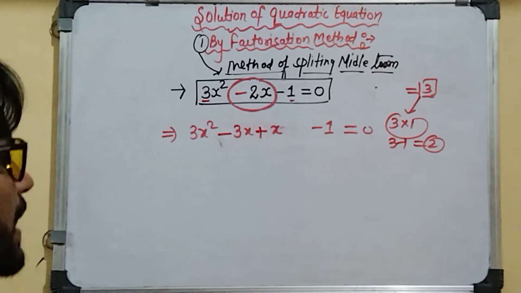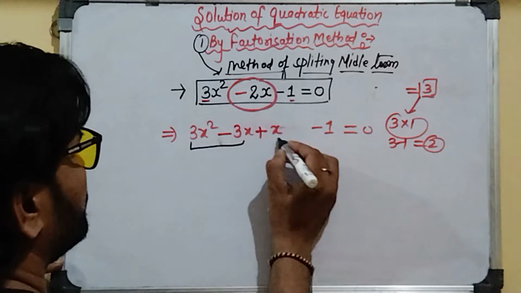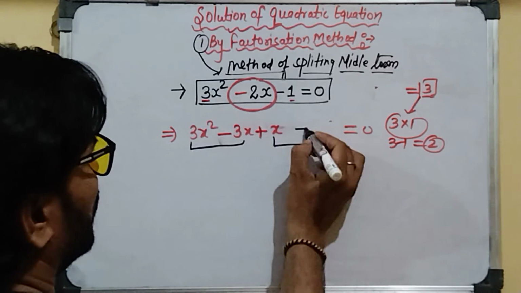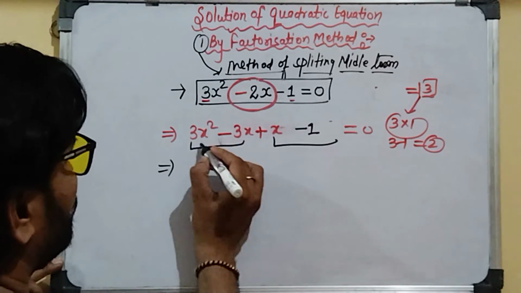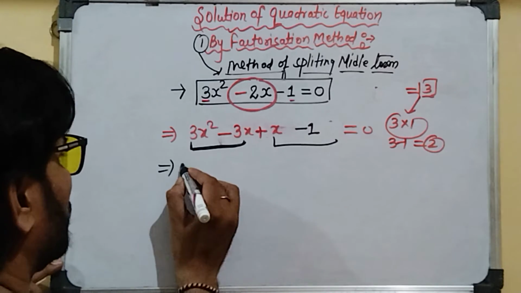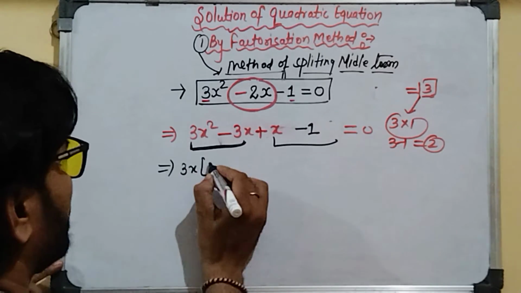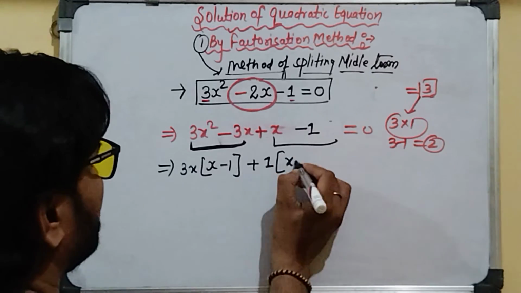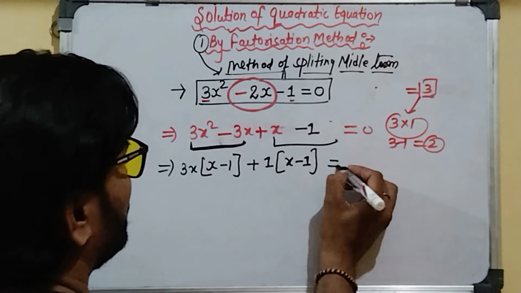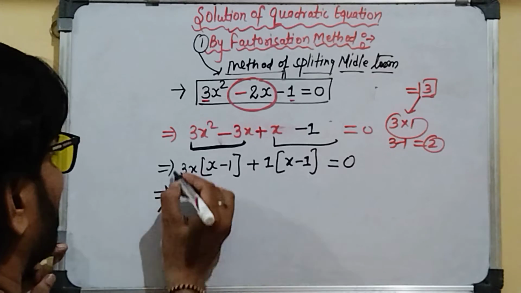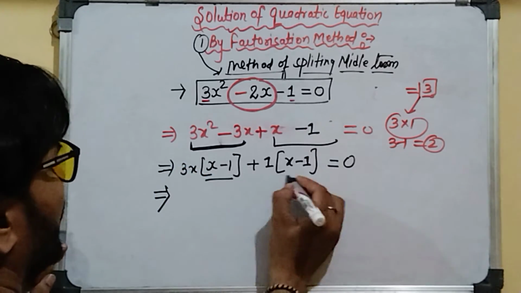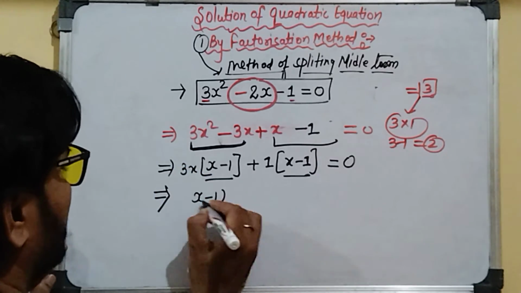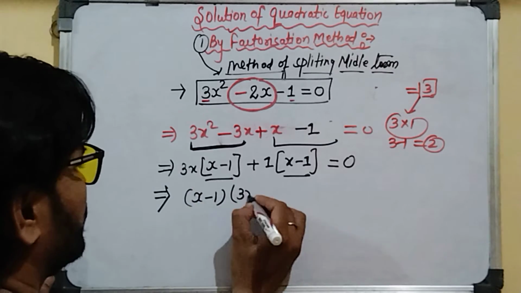Now make two pairs. From this pair we take 3x common and we get x minus 1. Again plus 1 will be common, then we get x minus 1. x minus 1 will be the common factor, and then in the other bracket we get 3x plus 1.